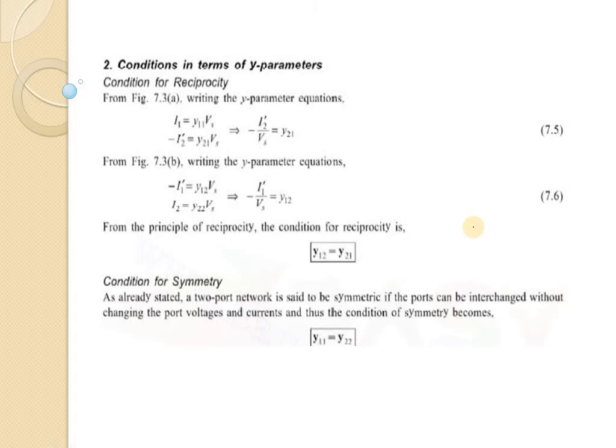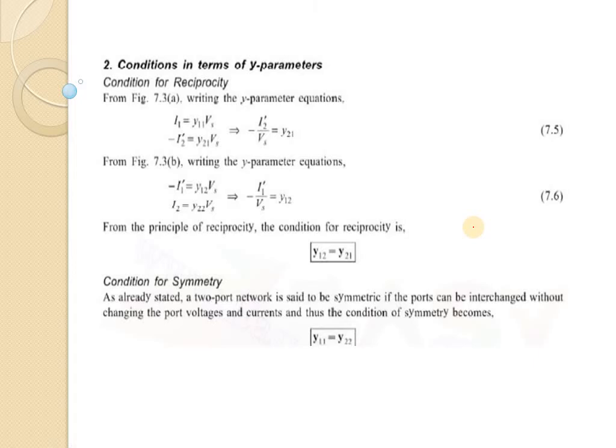That means secondly, the input side will be shorted and the output side will have the voltage source. In that way we will do the calculations and apply the principle of reciprocity for Y parameters also.